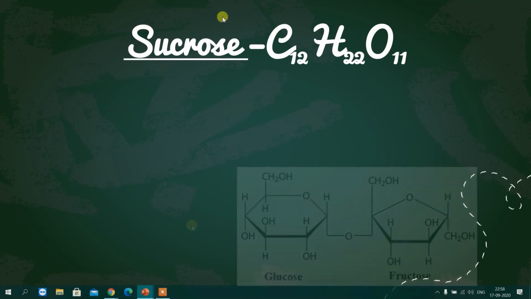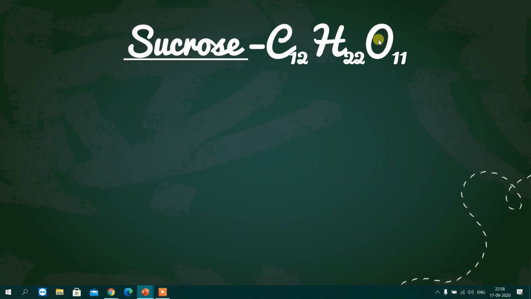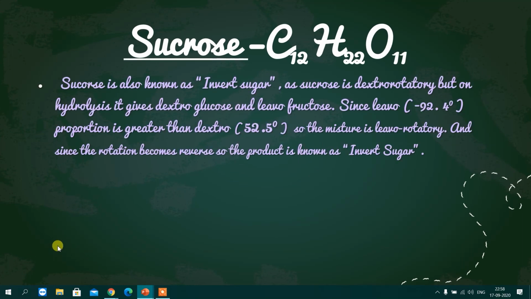Start with sucrose. The molecular formula is C12H22O11, and an important question asked from this is why sucrose is called invert sugar. It is again an important point, and so many times it is asked.